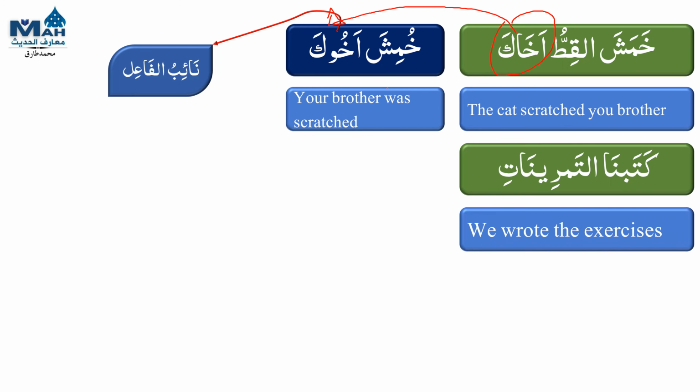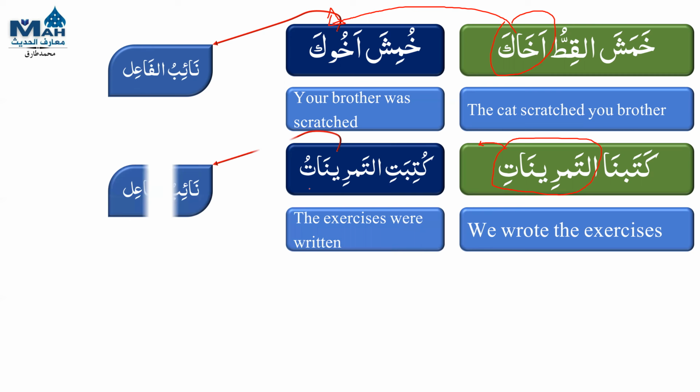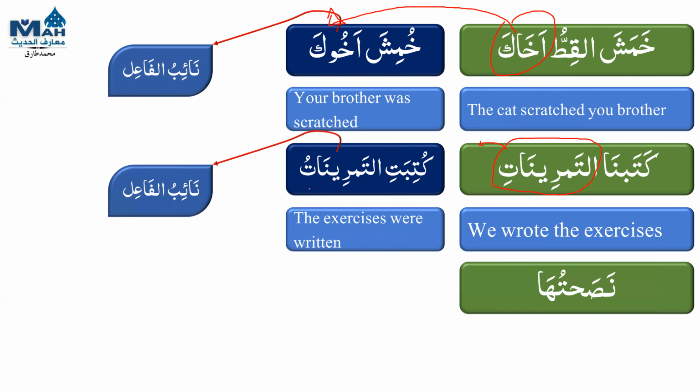I will remove the na, and al-tamrinatu is jam' ghair akil. So it will be kutiba al-tamrinatu. Kutibatit tamrinatu. Exercises were written. Okay. Yes. Next sentence.